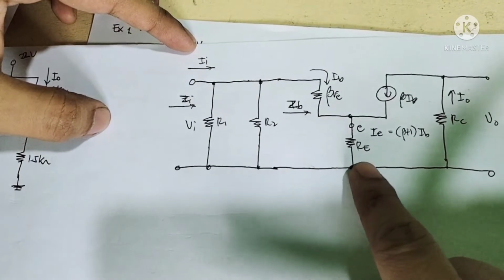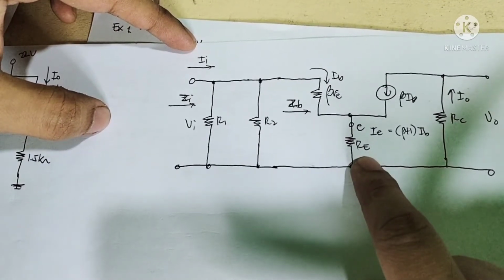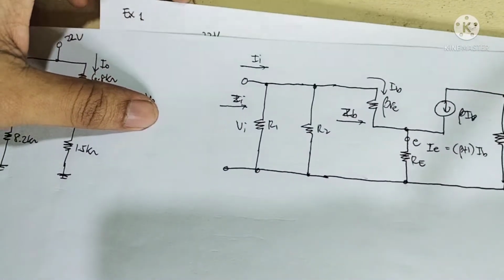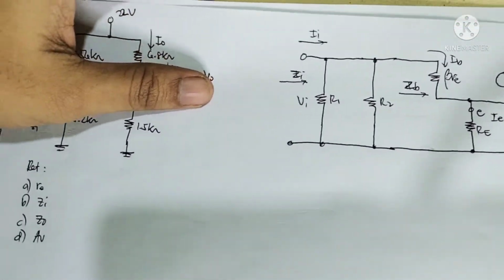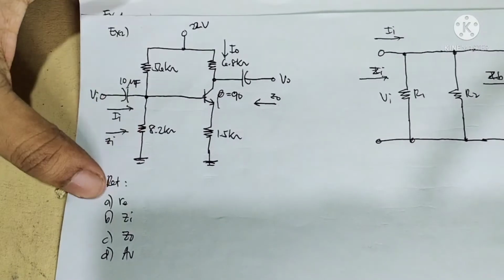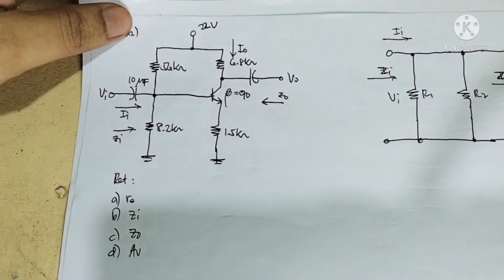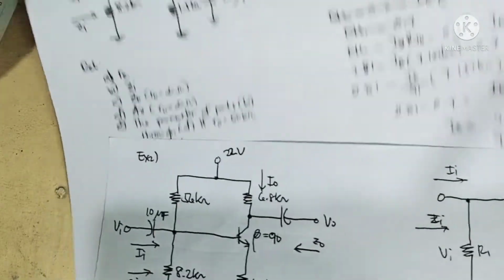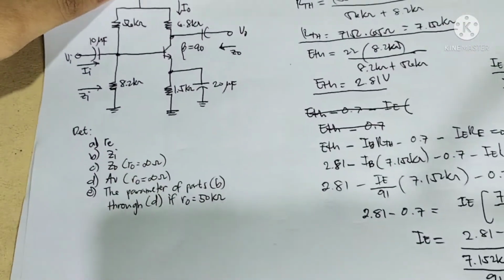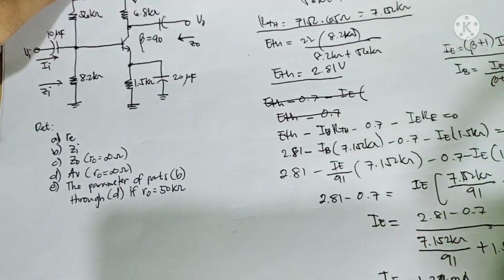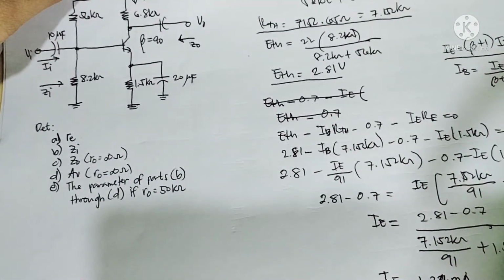As you can see, we have the capital R sub E, and then we have R1 and R2, the equivalent circuit. To calculate small r sub e, it will be the same as our previous example, where r sub e will be the same as in this example.